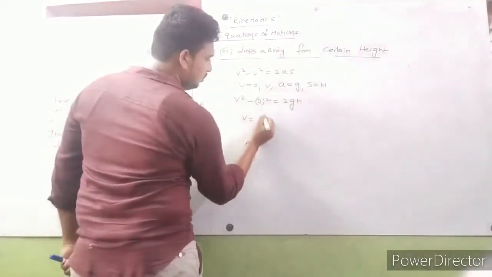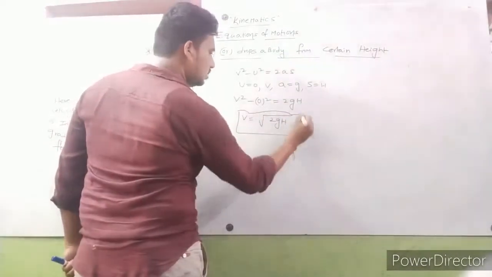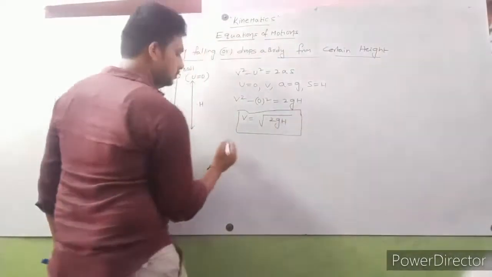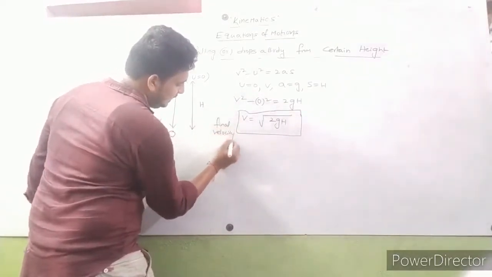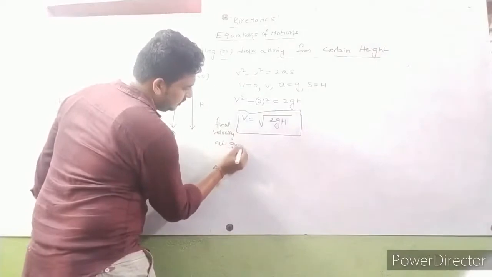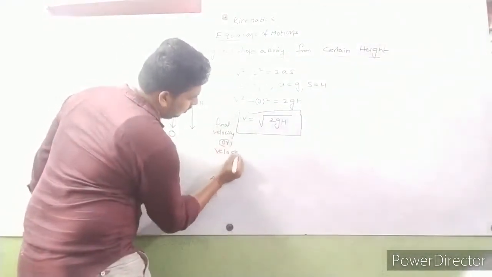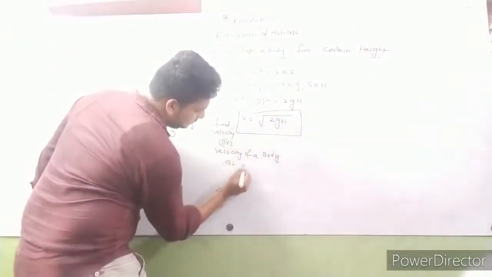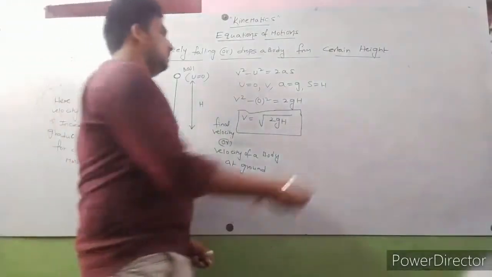So from this v is equal to root 2gh. Final velocity, or velocity of a body at ground, v is equal to root 2gh. So this is one of the formulas.